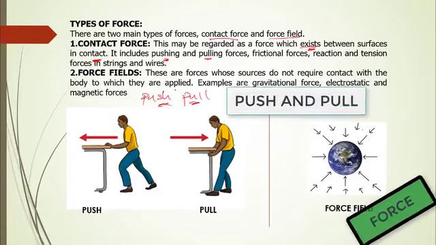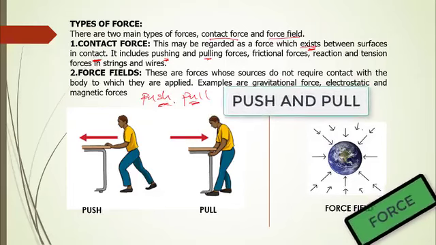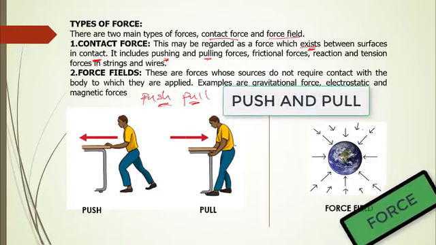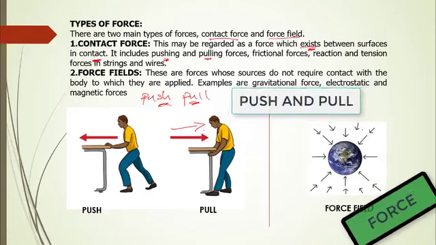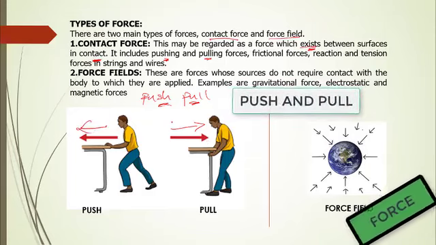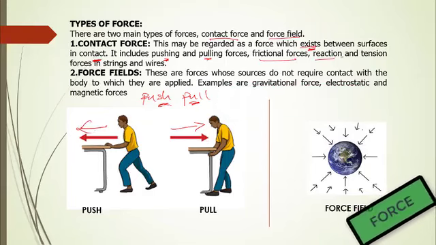I'm sure you must have been to an eatery, a restaurant, a shop, and then you'll be asked to either push the door or pull the door. So you can see from the pictorial illustration here, pulling has to do with bringing it towards yourself, whereas pushing is away from you. Other contact forces include frictional forces, reaction and tension forces that occur in strings and wires.